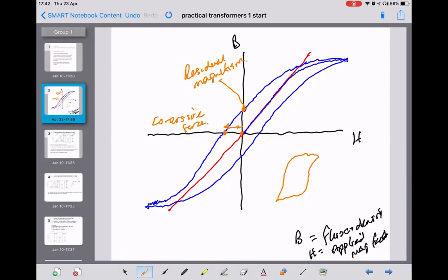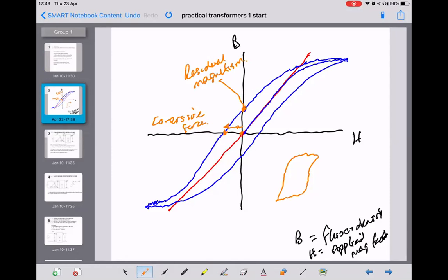I thought I'd just summarise that term so it wasn't left as a hanging term without you understanding what it meant. What will happen with that is it's causing some of the heat build-up in the core because of the loss in the area of that BH curve.